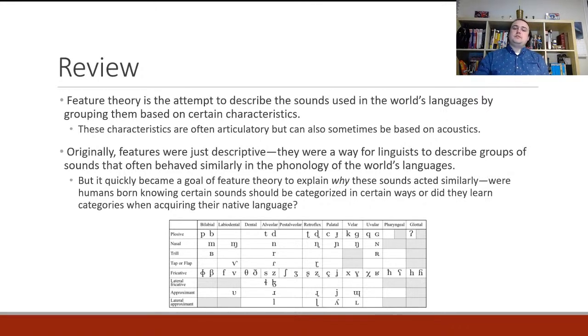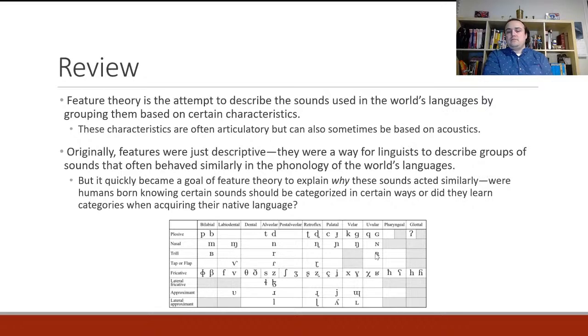So for example, when you see a phonological pattern, so that is some kind of pattern in the sounds of a language, if you see that applying to M, there's a decent chance, if that language has other nasal sounds, so sounds where you're allowing air to escape through the nasal cavity, that language is going to apply that pattern to those as well.